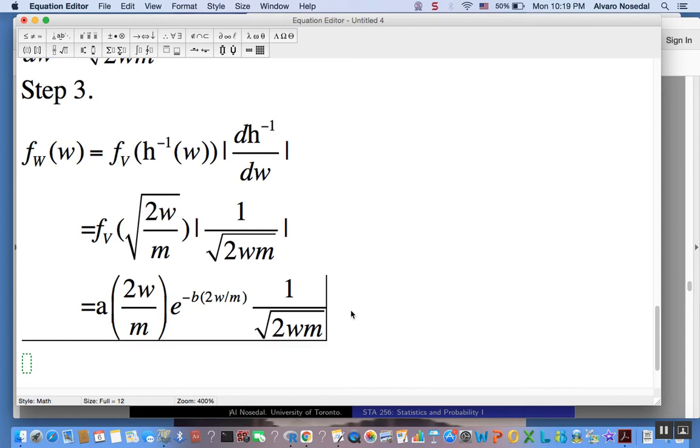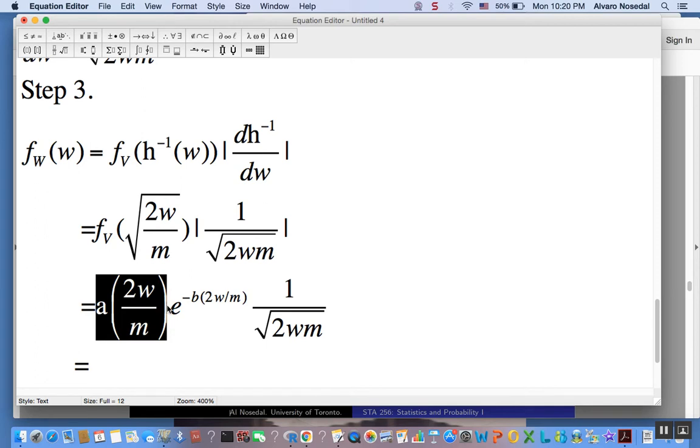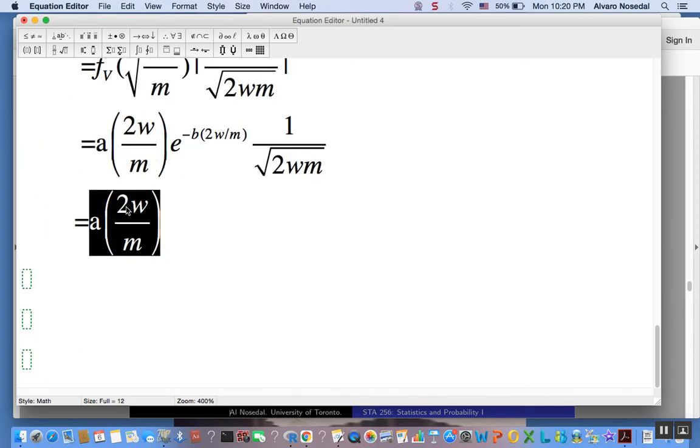Okay, so now let's just do a little bit of algebra, okay? So first let's deal with these guys here, right? So let me rewrite that constant like this. Let me place that 2 outside, right? So 2.